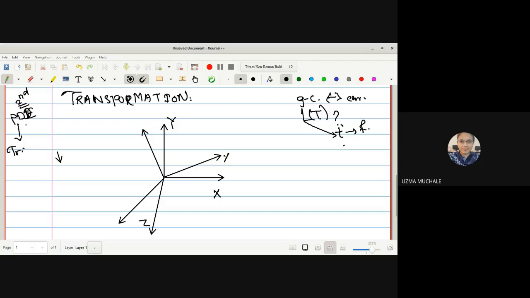So this is x dash, this is y dash, and this is z dash.